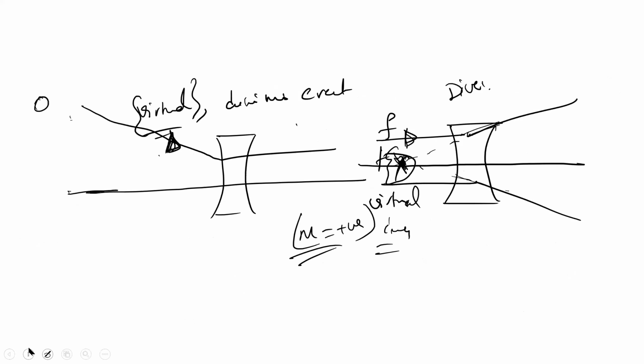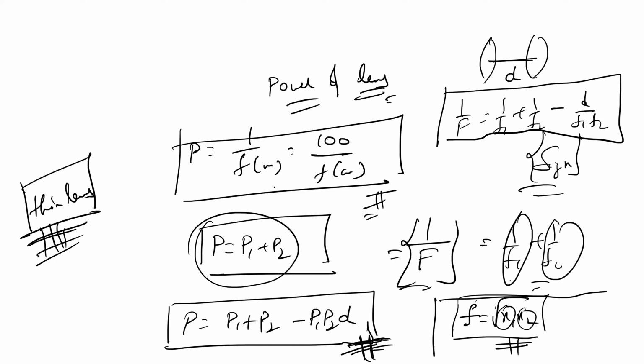Now, can you remember what are the formulas? Power of a lens is nothing but 1 by f, 1 by focal length in meters, 100 by focal length in centimeters. So if you add two thin lenses combined together, then power will become P1 plus P2. That is 1 by f. Focal length of the two lenses together will become 1 by f1 plus 1 by f2. Then if they are having a distance d between them, then 1 by f is equal to 1 by f1 plus 1 by f2 minus d by f1 f2. These derivations are not required for you.